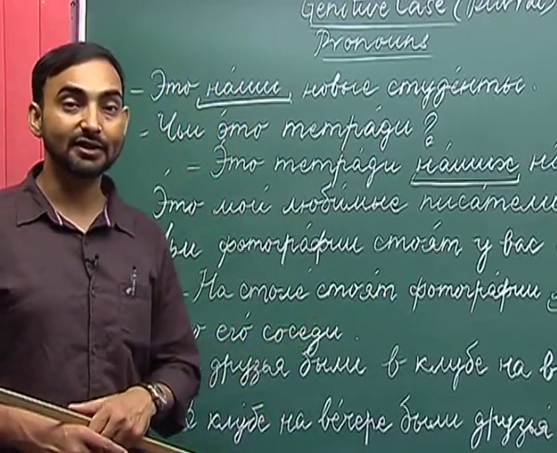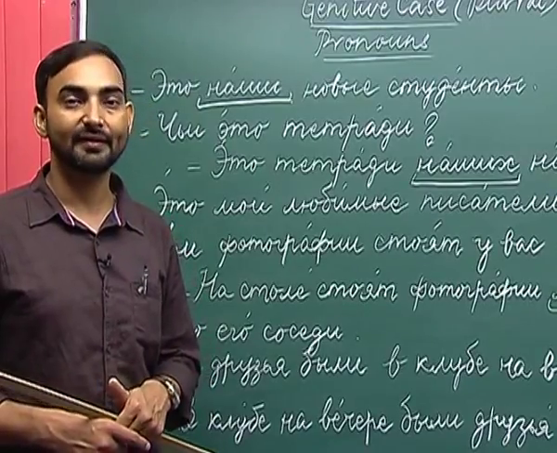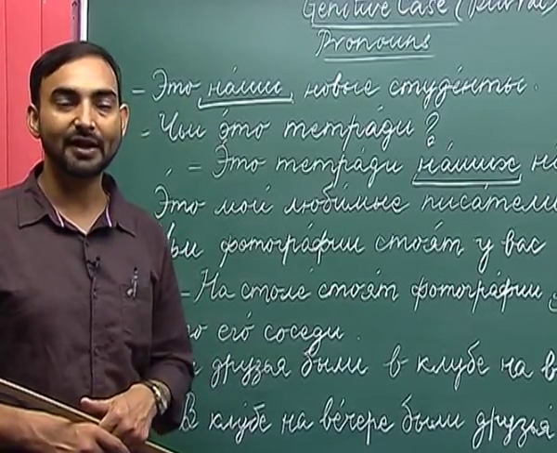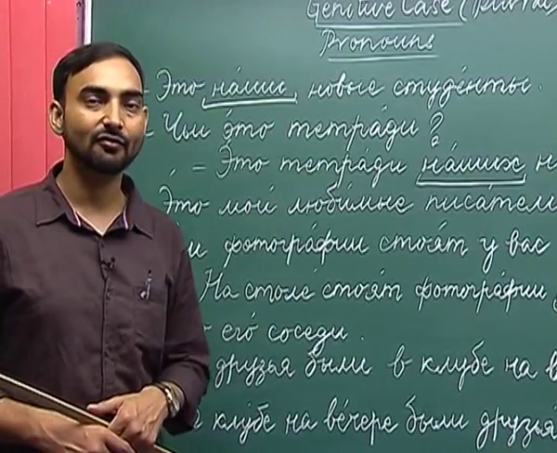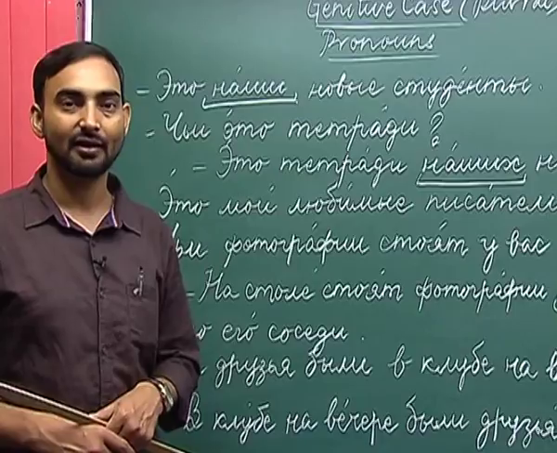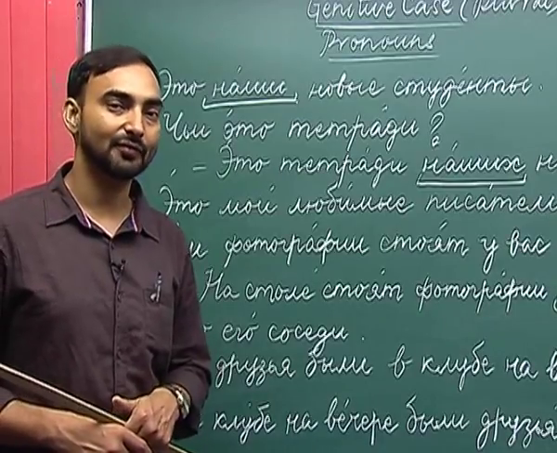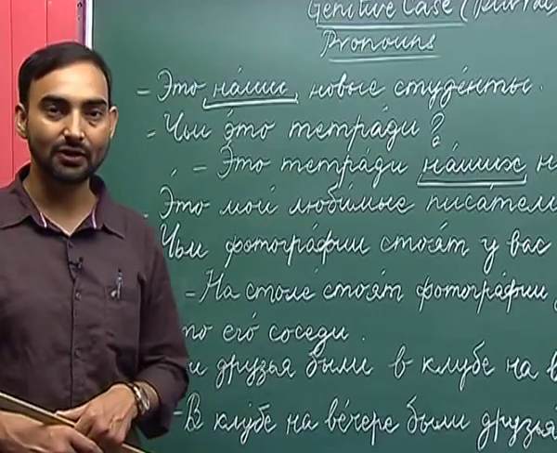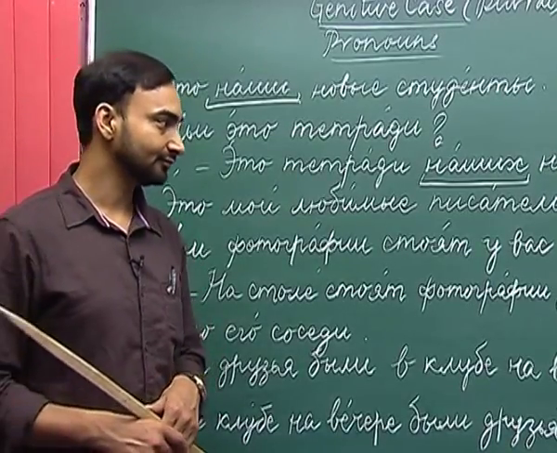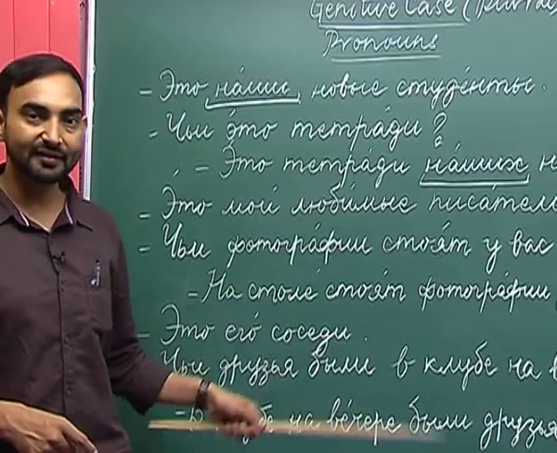With regards to the third person possessive pronouns, for example его, её and их, they do not change their forms in the genitive case, neither in singular nor in plural. So, его, её and их remain the same. So, this was about the possessive pronouns.